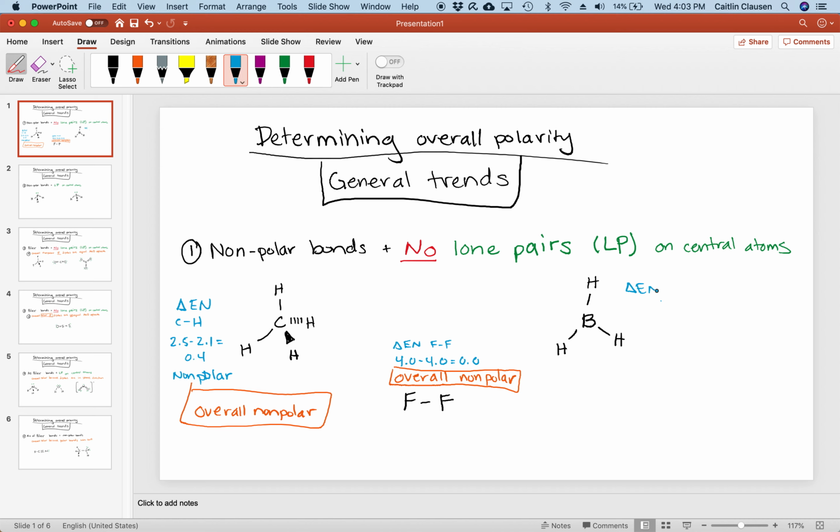So it's a positive number. So that bond, 2.1 minus 2.0 equals 0.1. That's a nonpolar bond. We have 3 nonpolar bonds, no lone pairs on the central atom. So this is overall non-polar.